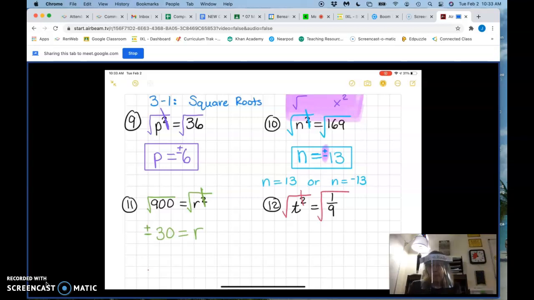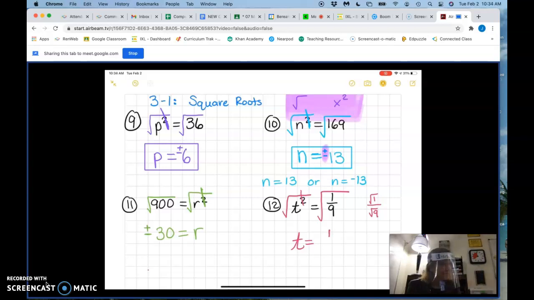Now remember, when I have a fraction, it's like the radical sign is on the top number and the bottom number. So what is the square root of 1?